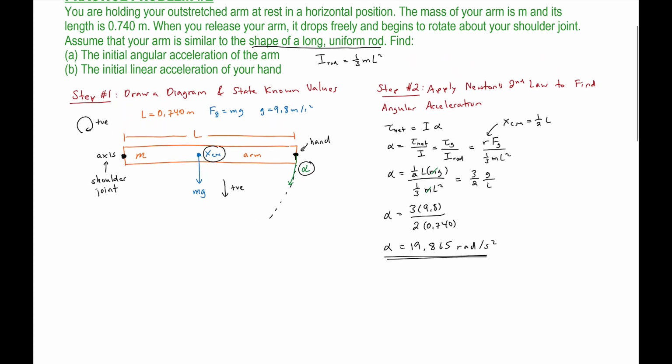We want to now figure out part B, the initial linear acceleration of your hand. So let's first say this is part A answered. We now want part B, so step 3.